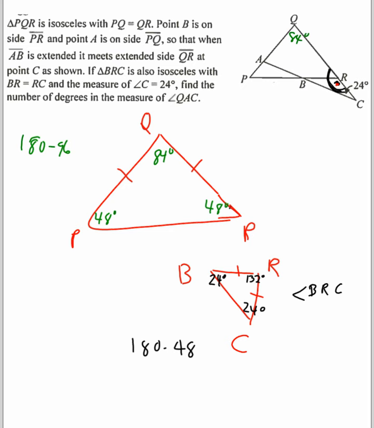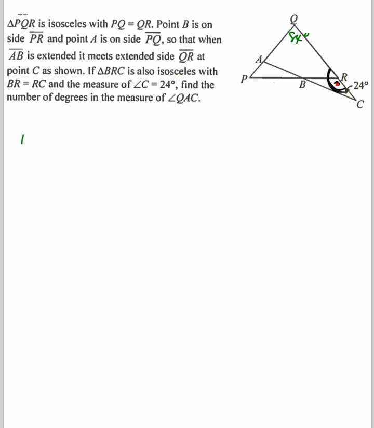So now what I'm going to do is erase this here, and we're going to make a little bit more sense. So I'm going to fill in, that was 132, because it asks you for QAC, which is this one here. So now what you have to do is picture this triangle right there.